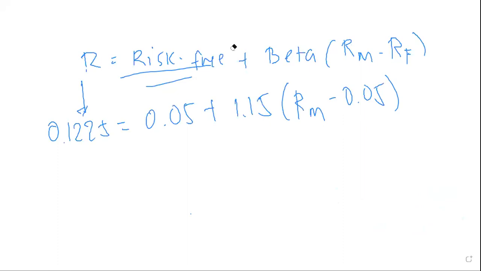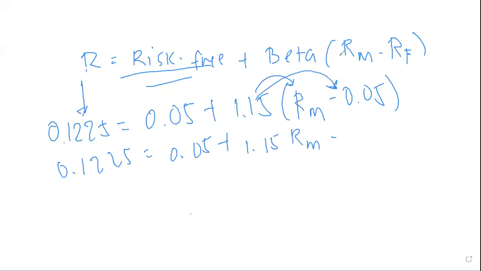Next, let's copy 12.25, then 0.05 plus. So distribute this here. So that's 1.15 RM. Then here, this becomes negative. So just multiply 1.15 times 0.05. That is 0.0575. Next is to move all these numbers to the other side of the equation.